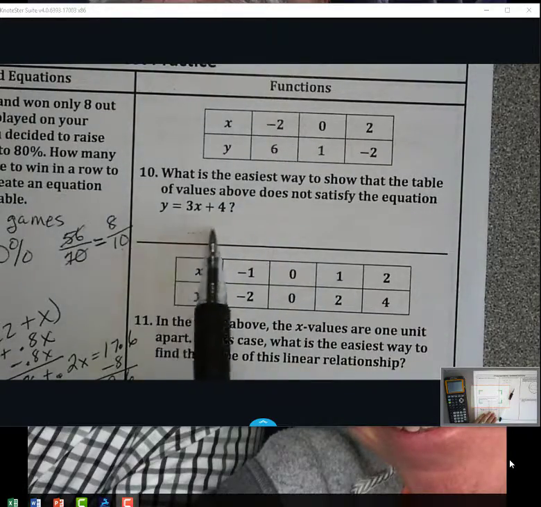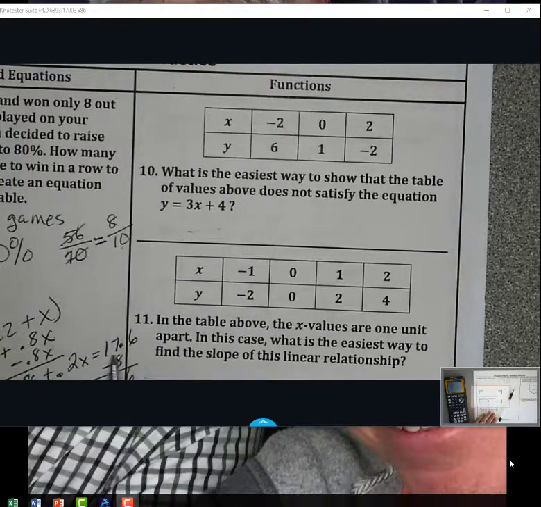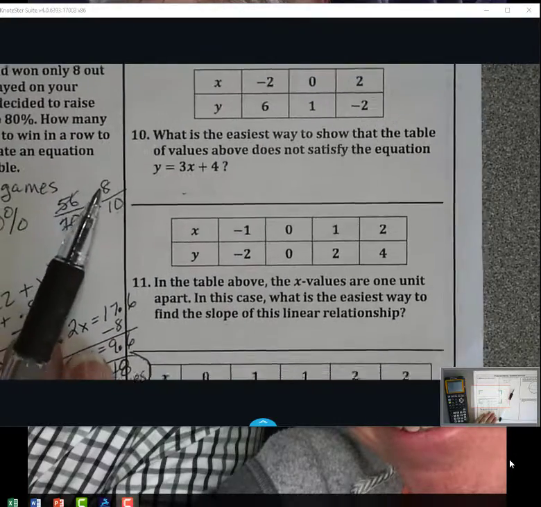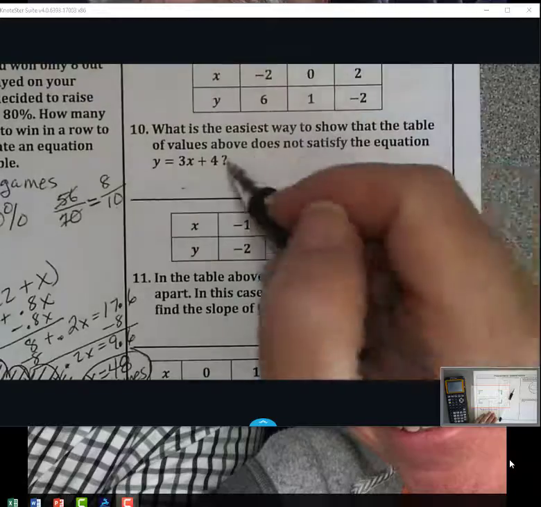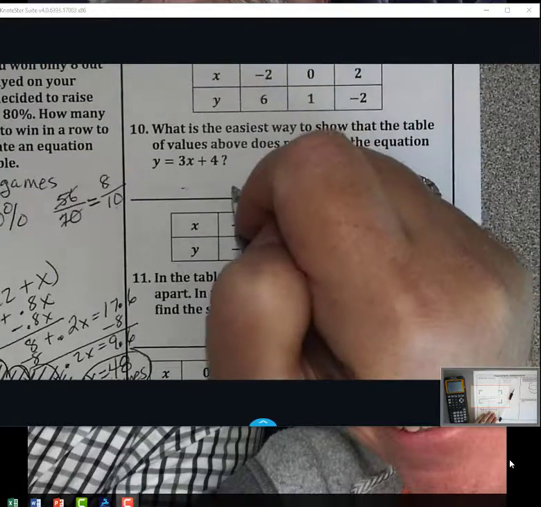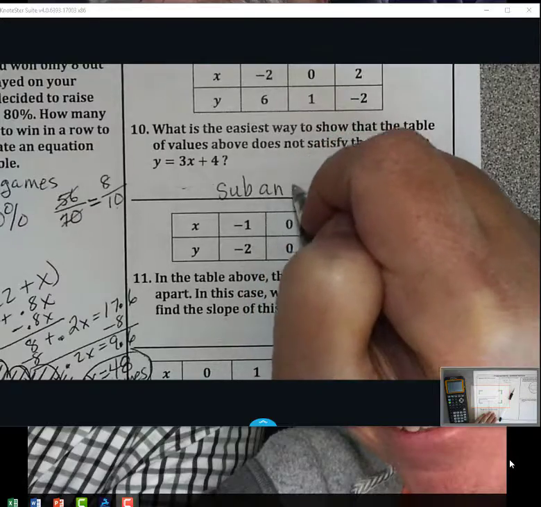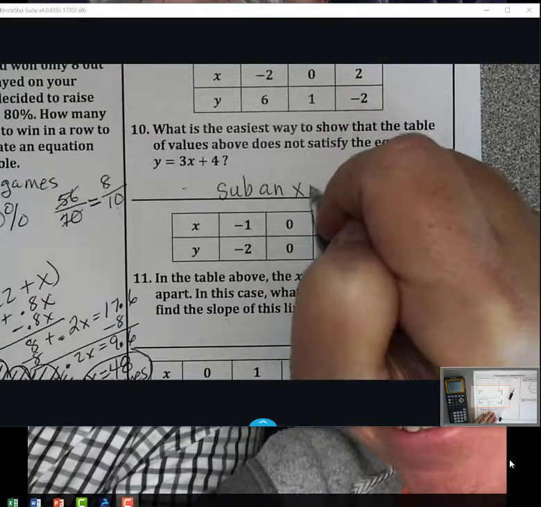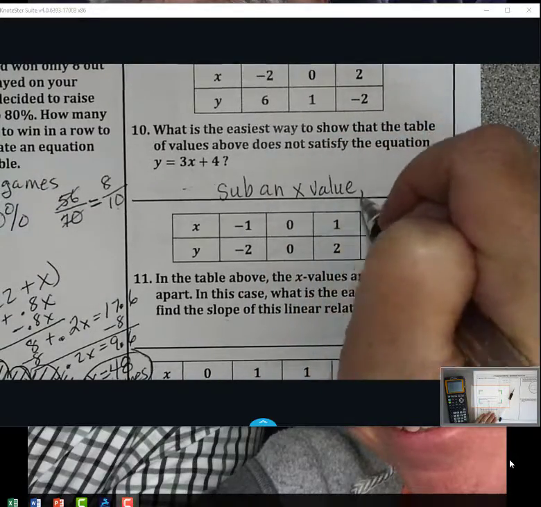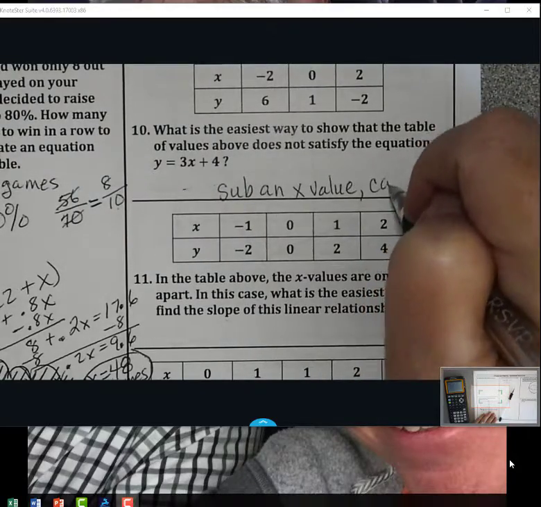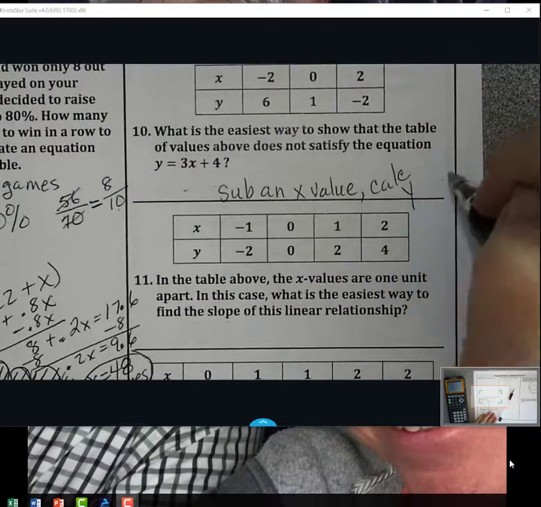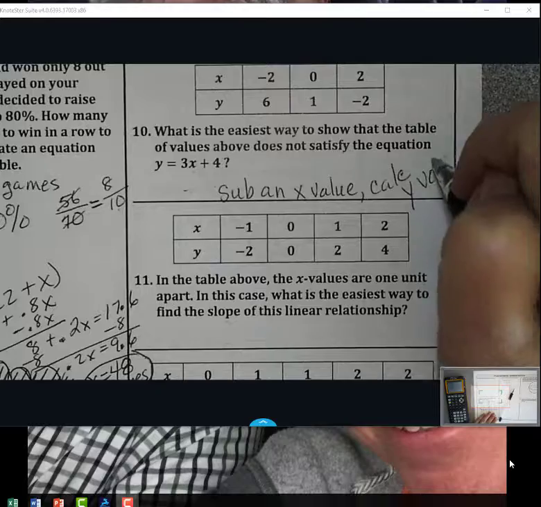Okay, so this equation does not satisfy that table. And so answering the question, substitute an x value or an input and calculate y, or the output, and see if it's the same.